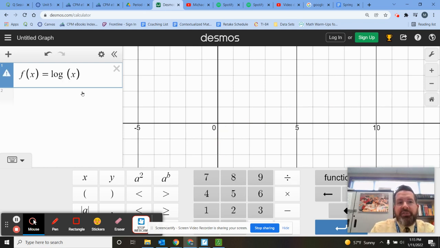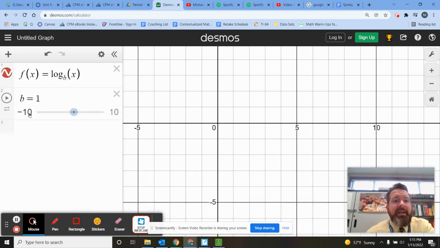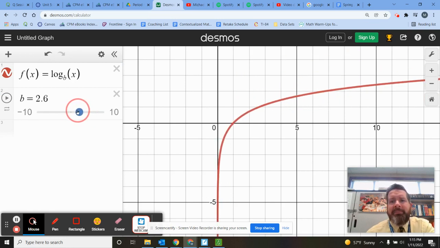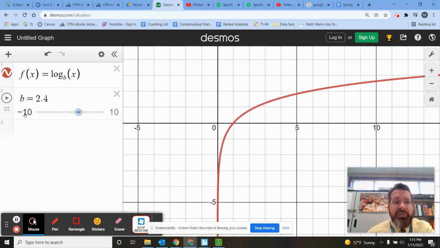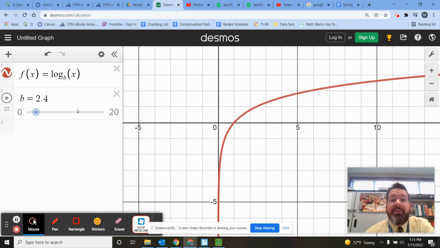Change this log base, actually type the letter b, add in a slider, and then move your slider around and just see what impact changing the base has on it. I'm even going to encourage you to change the limits of your slider. Have it go from 0 up to, I don't know, pick a 10 or a 20 or something like that. And then just play around with it for a little bit. Pause, come back in a moment.